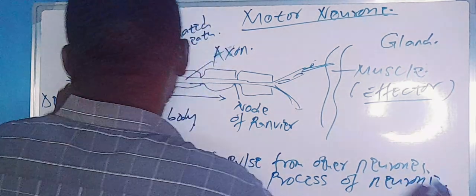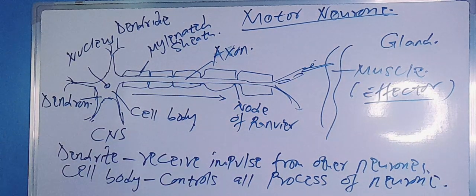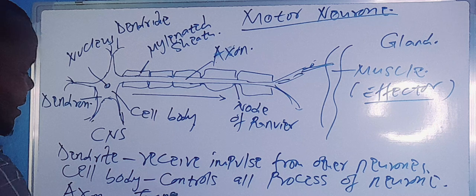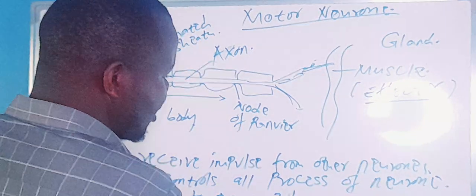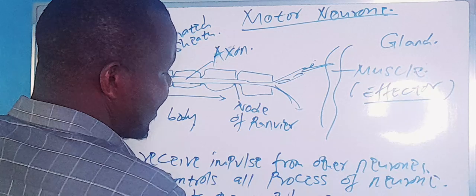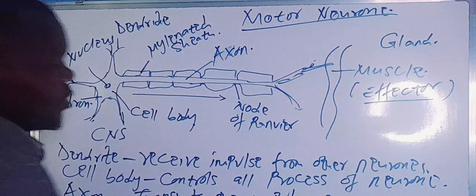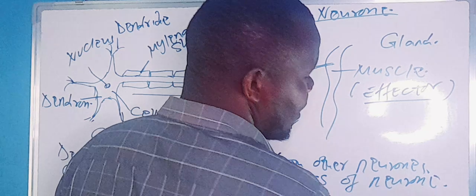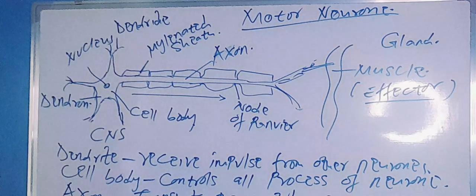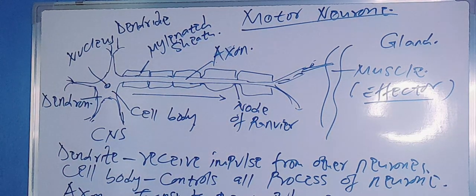The main reason is because it has the nucleus. What about the axon? This one transmits the impulse. Where does it transmit the impulse? From our CNS to which point? Effector, which is either our gland or our muscle.